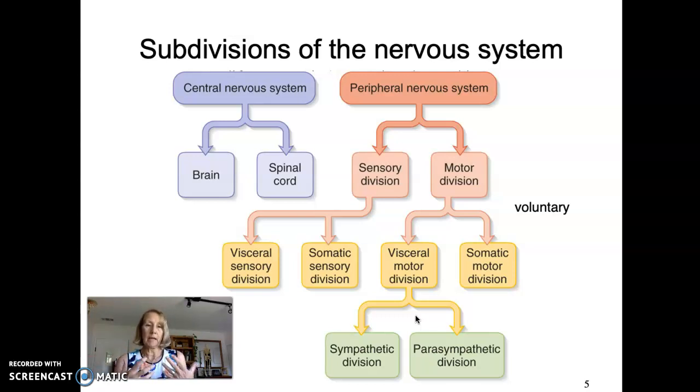So it has to do something. So it's the switch that says, on, you're going to digest right now. Off, you're not going to digest. On, your cardiac rate's going to go up. Switch off, no, it's not going to do that. So when it's a motor thing and it needs to respond to something, you have these 2 separate divisions with their own neurotransmitters, their own wiring, that are going to say, go now, don't go now.